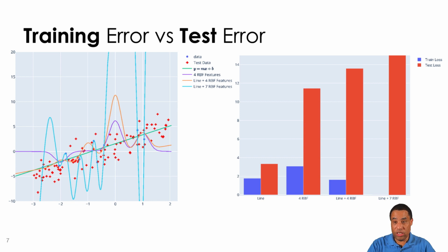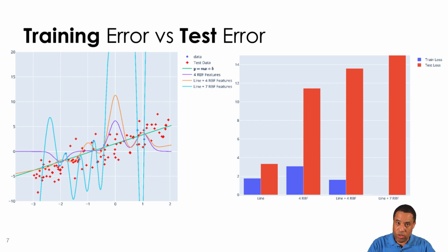If we look at the graph on the right, we can see that our training loss is 0, because our model passes through all of the points in our training data. But our test loss is very, very high. In fact, it's the highest of all of the models. And so what we end up doing is overfitting to the noise in our data rather than to the underlying structure of our data.